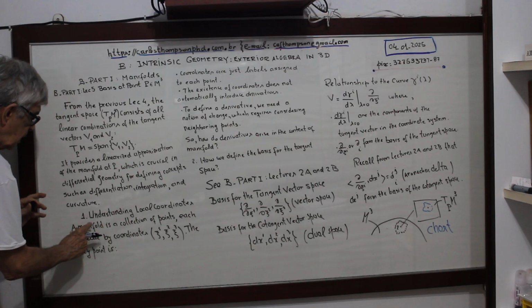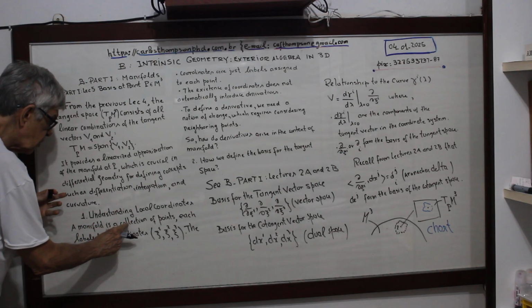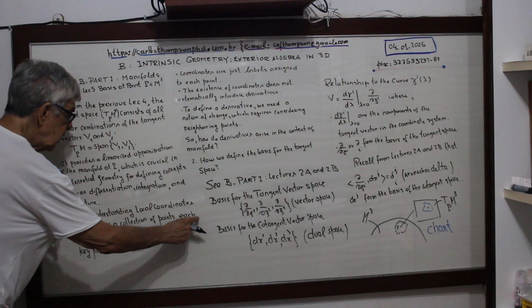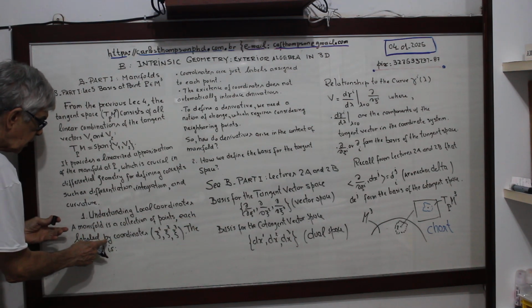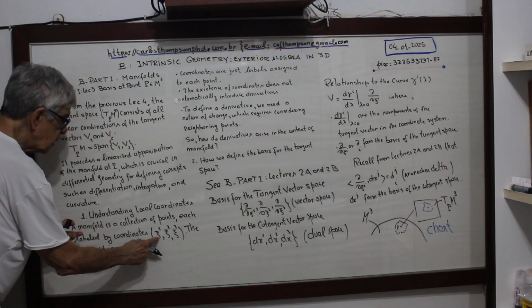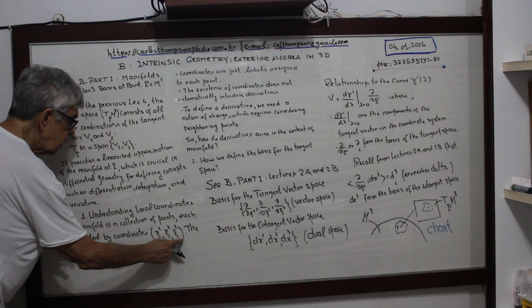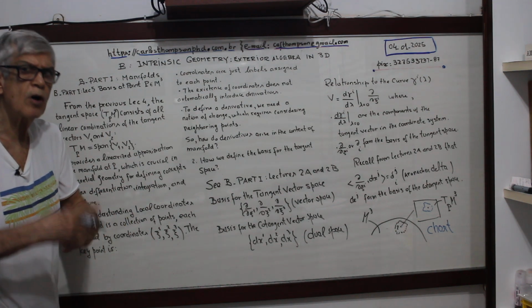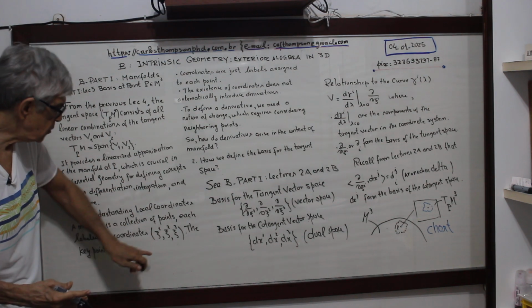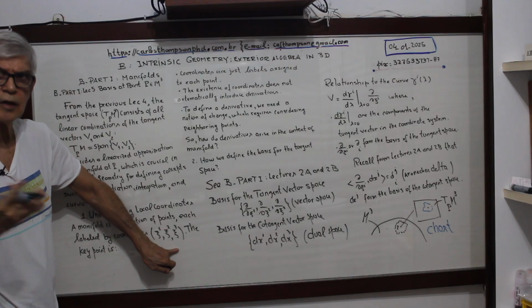Now, understand the local coordinates. Now clear. A manifold is a collection of points, each one labeled by coordinates C1, C2, and C3. If you are working in 4 dimensions, this will be 4 coordinates.